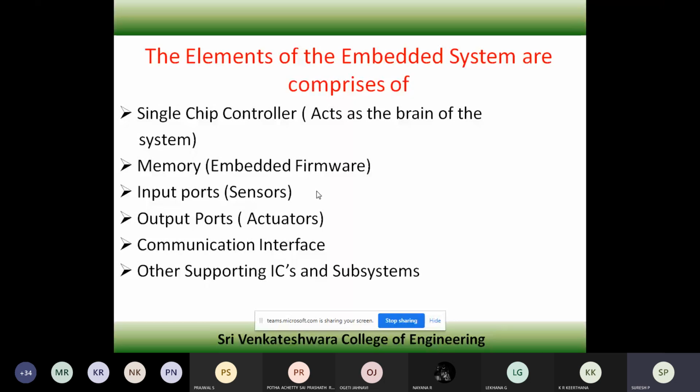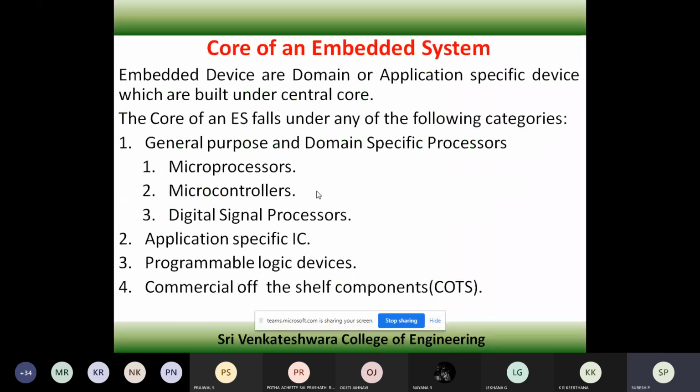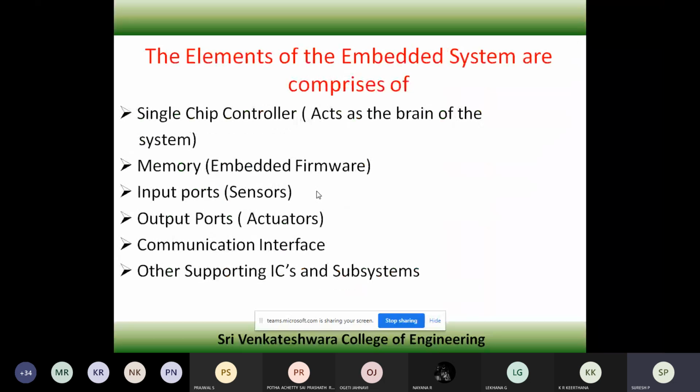Next are other supporting ICs and subsystems. We will discuss one by one because it is very large, what the different elements of the embedded system comprise. In the next class we will discuss the different elements of the embedded system in detail. If you have any doubts now, you can ask.